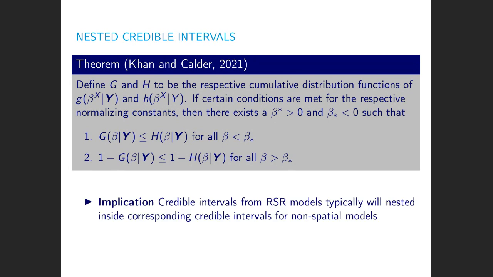What we show is that the implication of this theorem is that credible intervals for RSR models typically will be nested inside credible intervals for non-spatial models. So RSR models are more likely to find significant, in quotes, effects than their non-spatial counterparts, which again is not what we would expect.